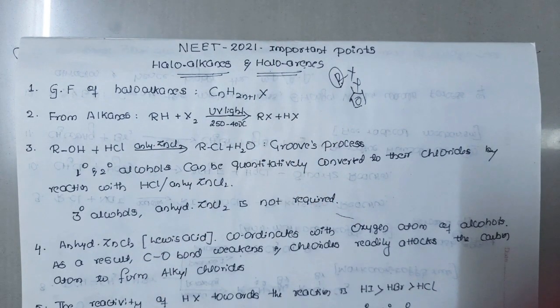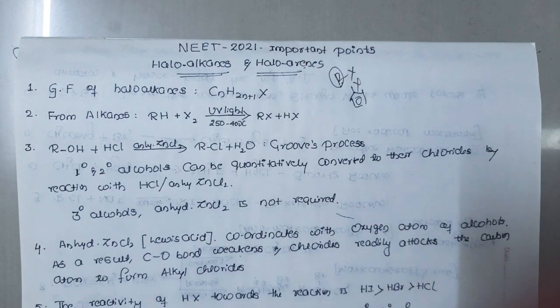Now, how can you prepare haloalkanes? There are plenty of methods available for the preparation of haloalkanes, or you can call them alkyl halides as well. You have learned the theory and gone through all the methods of preparation, but there are some points you have to remember within those methods.